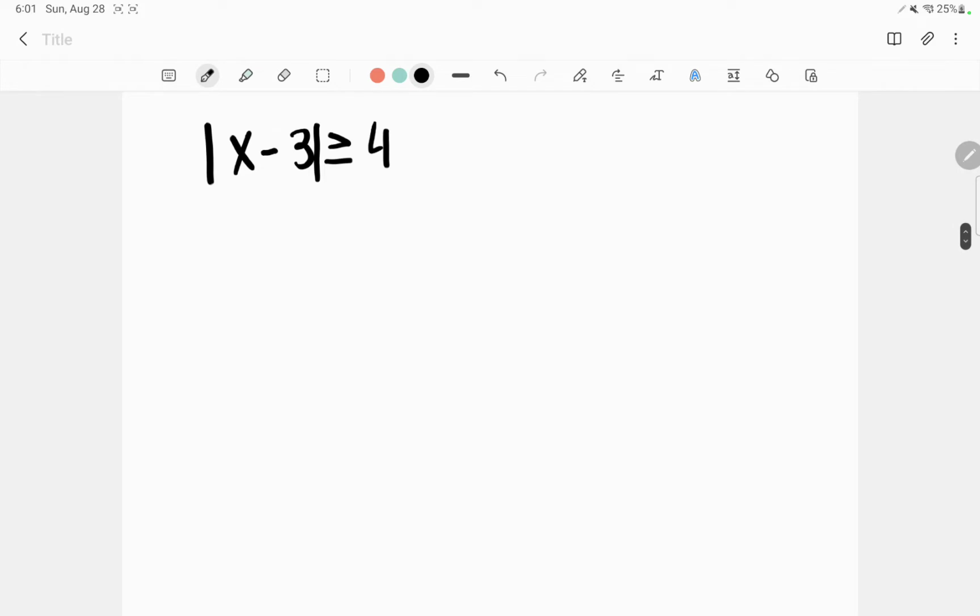Just like we did before, we're going to have two different equations, so I'm going to separate this into two. My first equation is x minus 3 is greater than or equal to 4. I'm going to copy it exactly as shown. The second equation is the one that changes.